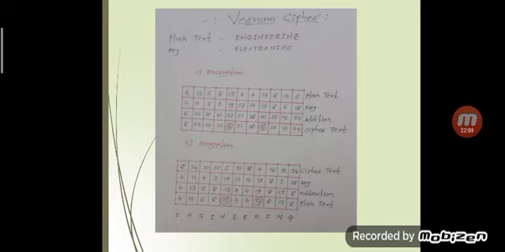In substitution ciphers we studied 6 types of ciphers. First is the Caesar cipher, second is the monoalphabetic cipher, third is the Playfair cipher, fourth is the polyalphabetic cipher, fifth is the Vigenere cipher, and sixth is the Vernam cipher.